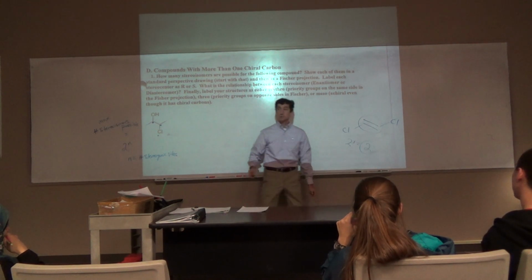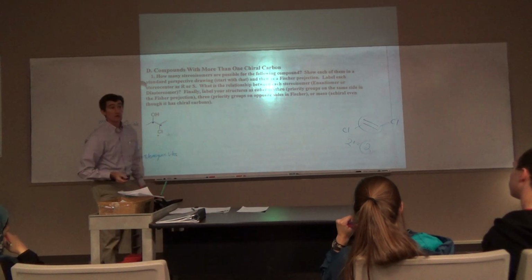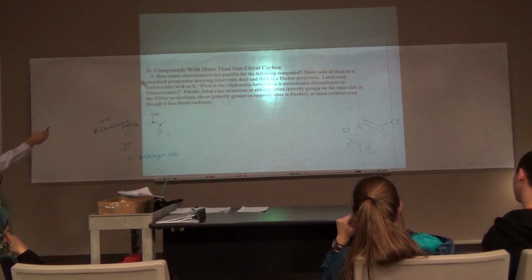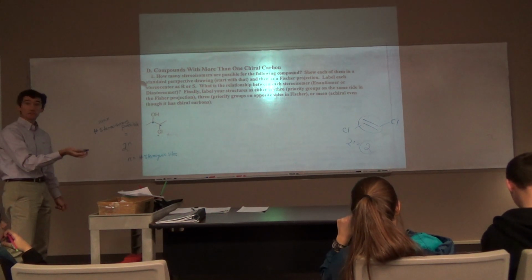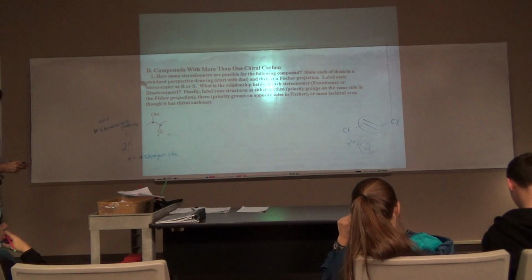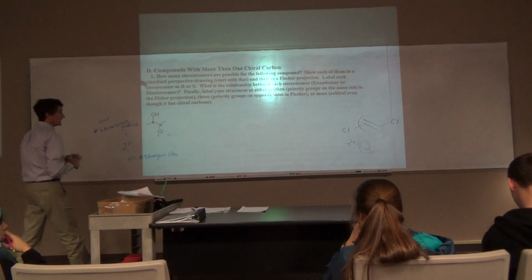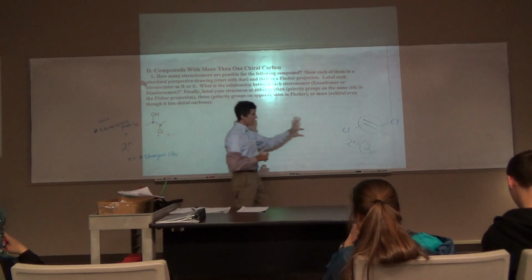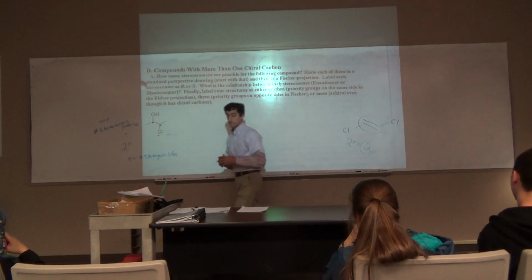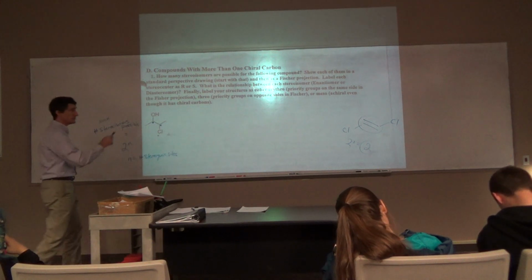There's 2 stereoisomers possible for that. They're called cis and trans. As drawn, it's trans, but we could also have the chlorine cis. So chiral carbon is a stereogenic site, and alkene is sometimes a stereogenic site. You have to know when.